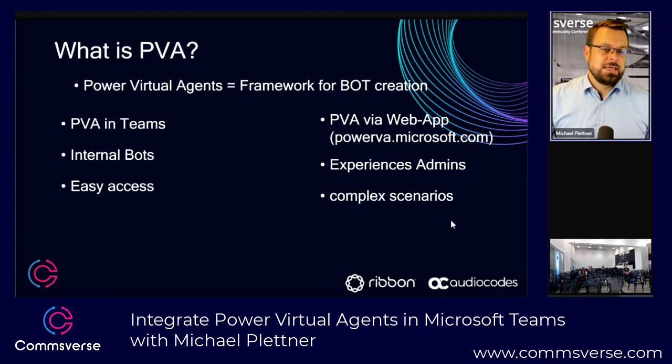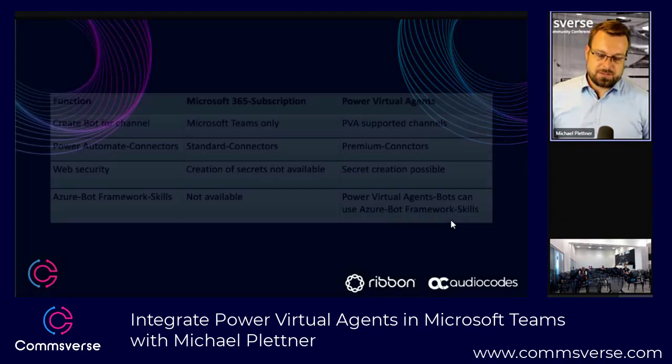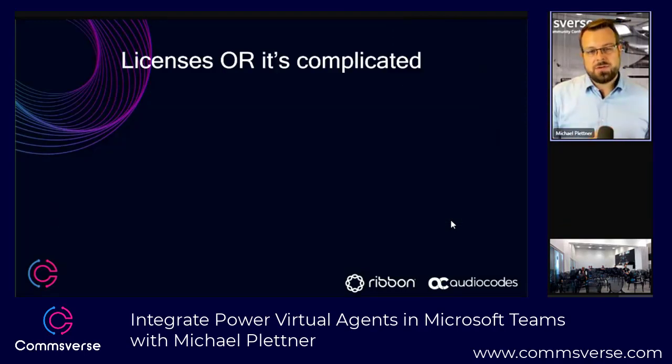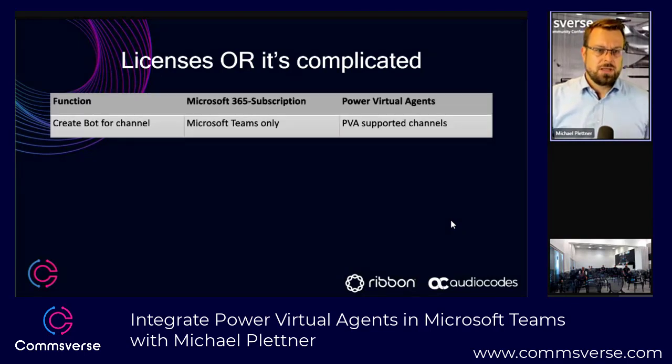So that was the first impression from my side. The next one is, if I do have two different scenarios where I can use PVA, I do have, of course, because it's Microsoft, two different kinds of licenses. The first one is with the Microsoft 365 integrated license, which allows us to use it in Teams. And the other one is a standalone license.